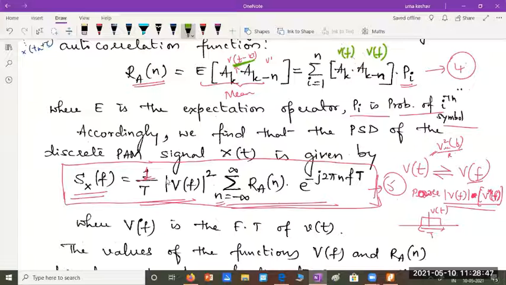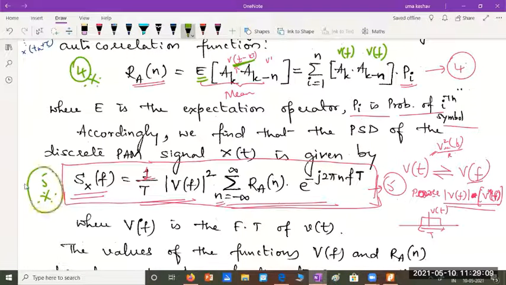Both when multiplied, I have V(f) whole square in amplitude. And since I need the average or mean value, I'll have to divide it by T, the time period. So again, please remember, this is the fourth important equation which you have to remember, and the fifth.